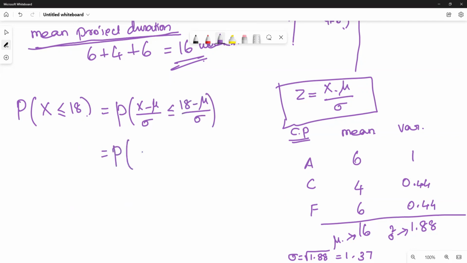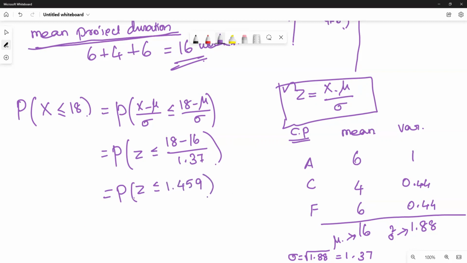So x minus mu by sigma is nothing but z less than or equal to 18 minus, what is the mu value? Project mean 16, sigma standard deviation 1.37. So probability of z less than or equal to 18 minus 16 by 1.37 is 1.459.